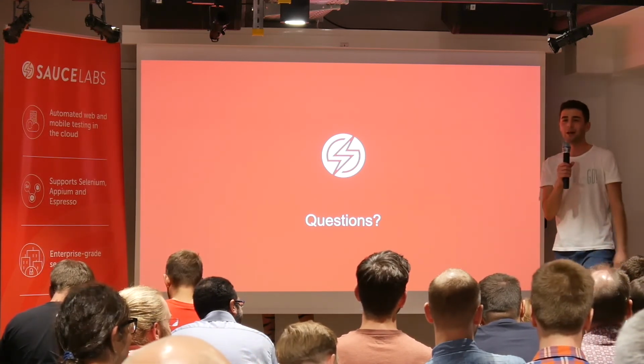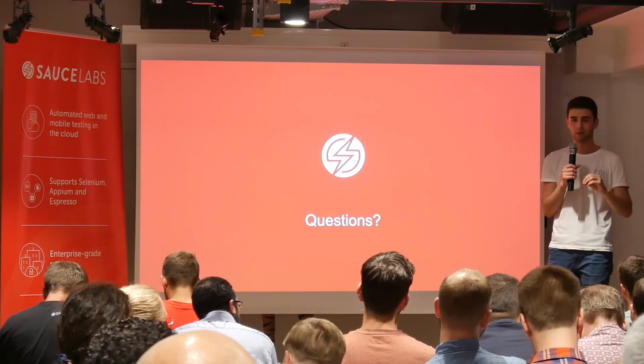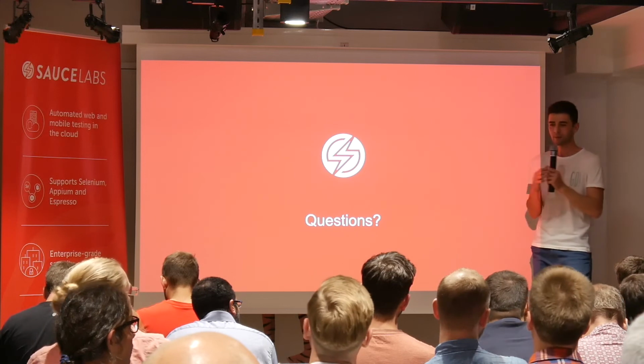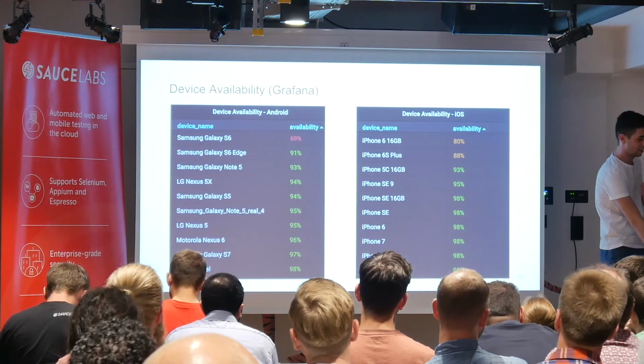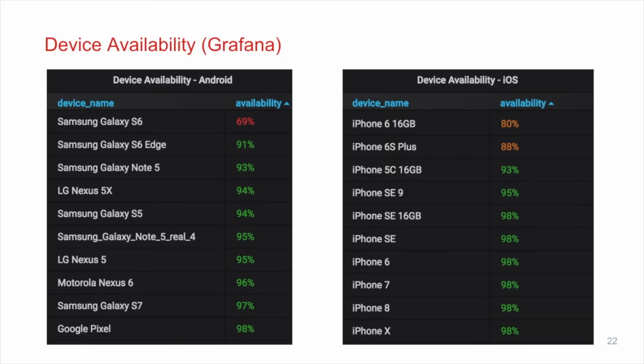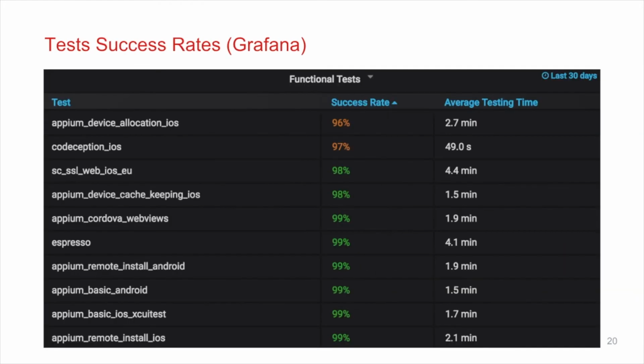Yeah. On each test run, we don't only store the exit code. As you have seen in some dashboards, we store the device name and the result, 0 or 1. And for example, here we are storing the testing time.